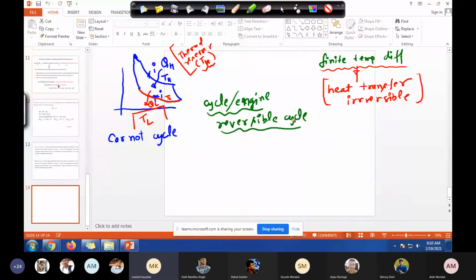So once it is a reversible cycle, can anyone comment? Is there any irreversibility associated with the engine? No, because the cycle is reversible.